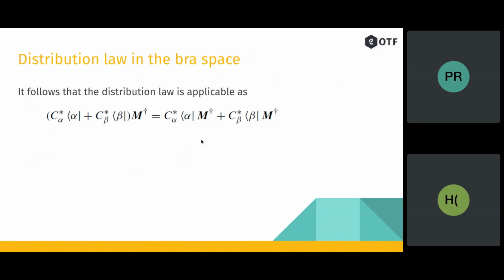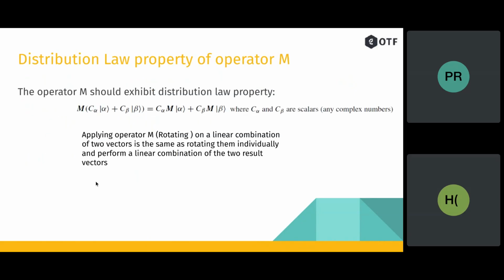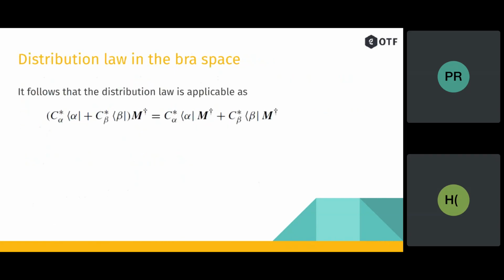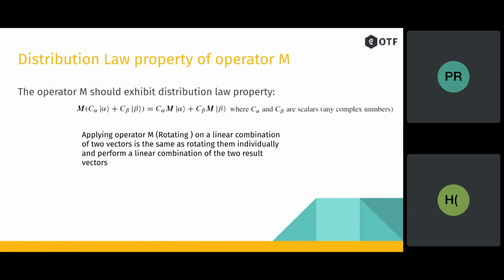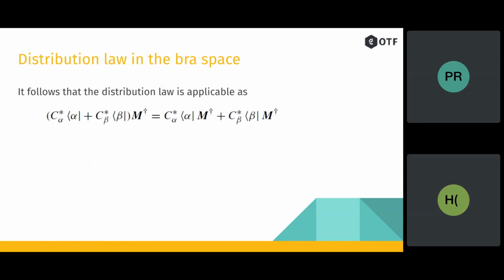Going back to the previous one, we had done this, that operation M exhibits the distributive law. This shows the distributive law exactly, you are just inverting everything into ket and bra space. The difference is that there it was without any complex conjugate, but here everything is the transpose complex conjugate, which is dagger based.